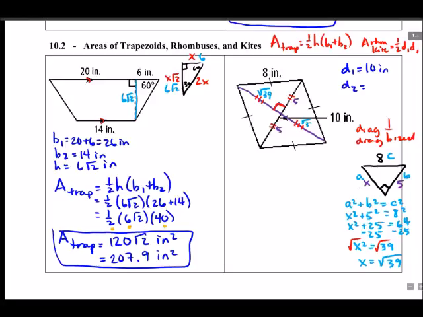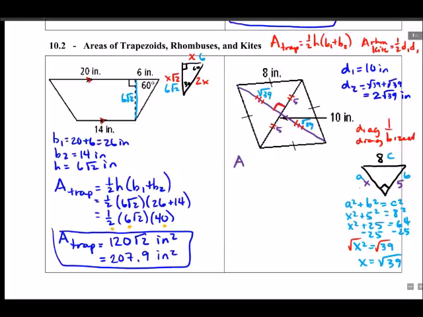This right here is the square root of 39. Diameter 2 is the square root of 39 plus the square root of 39. That equals 2 square root 39. Think of these like x's. That's inches. If you had x plus x, it would be 2x. So that lets us just do our formula.